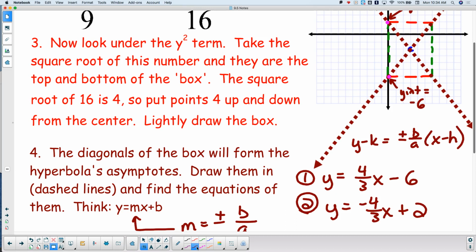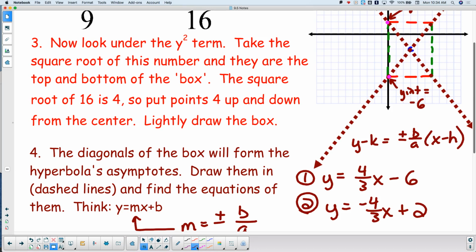And yes, you will have to come up with both equations for both asymptotes for all of the hyperbolas that you do.